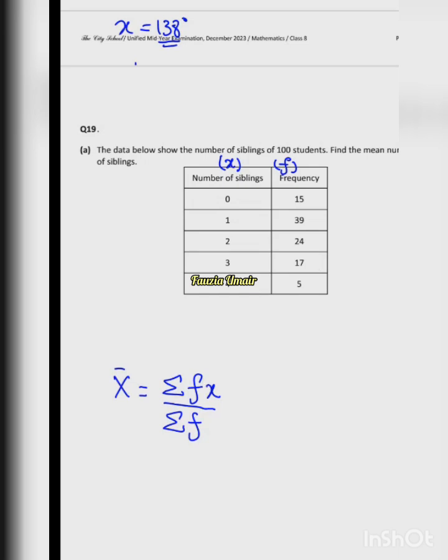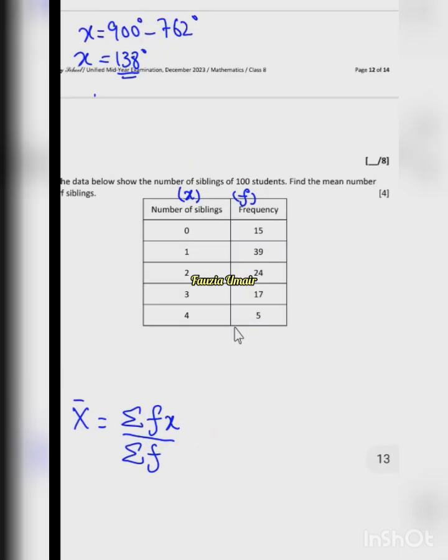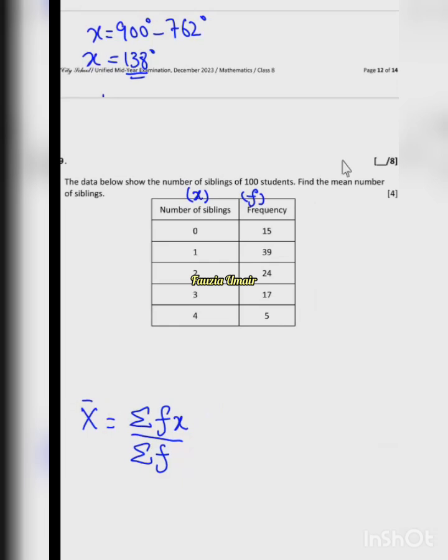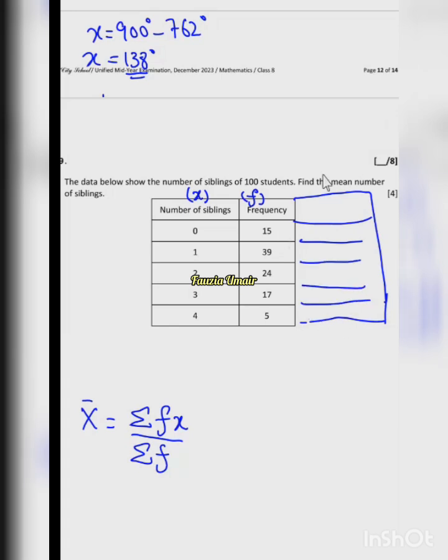So do I need to find out the middle value? No. Why not? Why should we find out the middle value and why should we not? Ma'am, because it's already given.